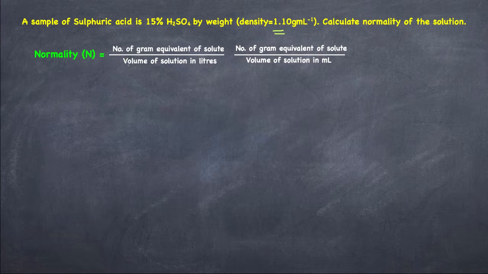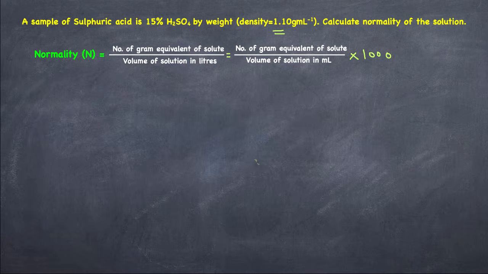So again, the formula for normality is the number of gram equivalent of solute divided by volume of the solution in liters, and also equal to number of gram equivalent of solute divided by milliliter, and in this case we're going to multiply it by 1000.